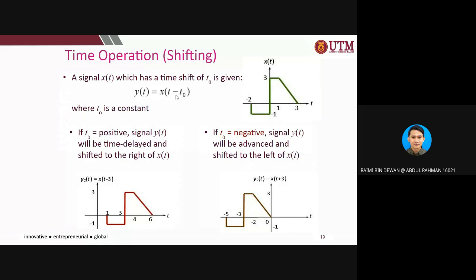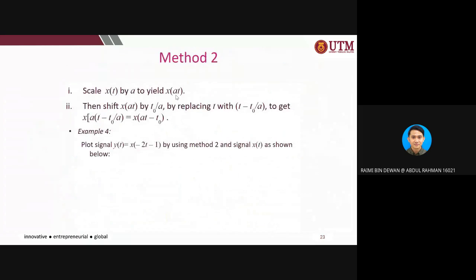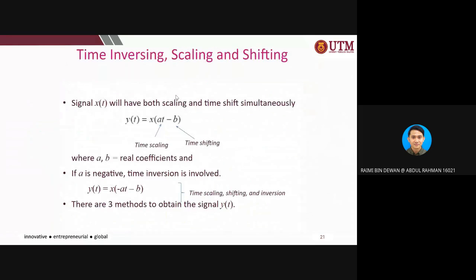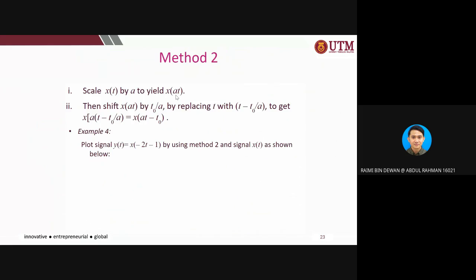Then I put the screenshot of my sketching from last time. These are the three methods for you to do the combination of time inverse, time scaling, and time shifting. You can see here is method 1, method 2, and method 3.